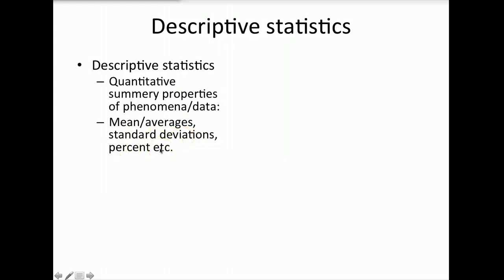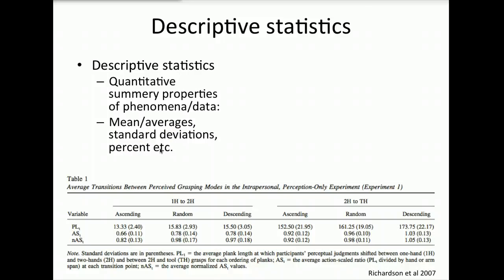And let's just have a quick look at an example of this kind of descriptive statistics. So here we have a data table taken from the study by Richardson and colleagues where people were handling planks at different lengths.